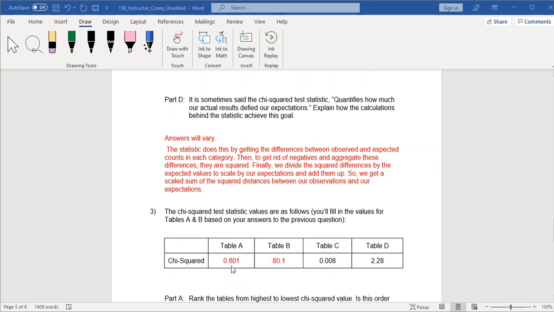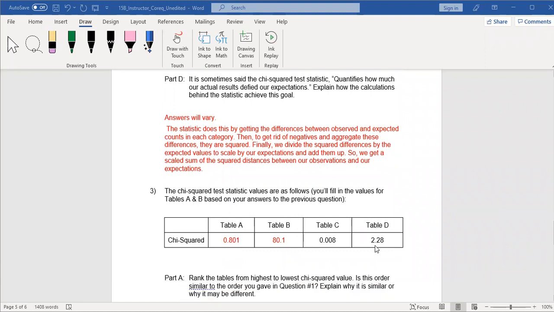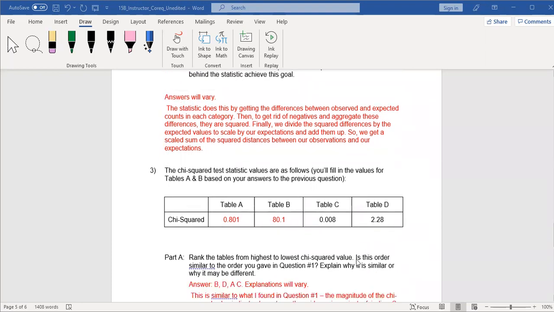We already did A and B, and this is the one for C and D. Now we rank the tables from highest to lowest chi-square value, and check whether this order is similar to the order in question 1. Ranking these numbers, B is the highest, then D second, then A third, then C the last one. So B, D, A, C.